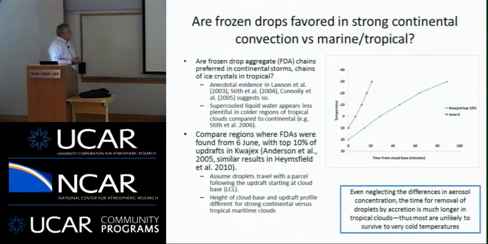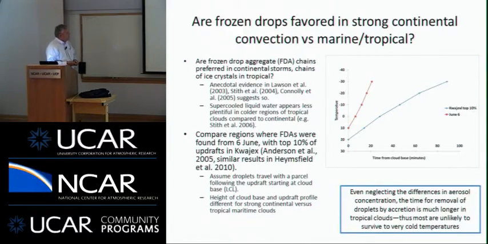Just to drive the point home, I looked at updraft characteristics of tropical clouds and compared them to the updraft characteristics present in the June 6 cloud. The data I used was from Kwajalein, since I showed some pictures of that. Anderson et al. in 2005 looked at the updrafts in the Kwajalein cases, but there's a more recent paper by Jerry Heymsfield et al. that has very similar results.